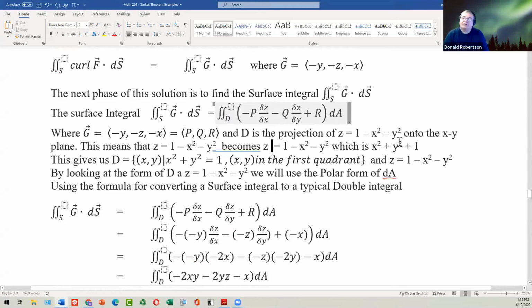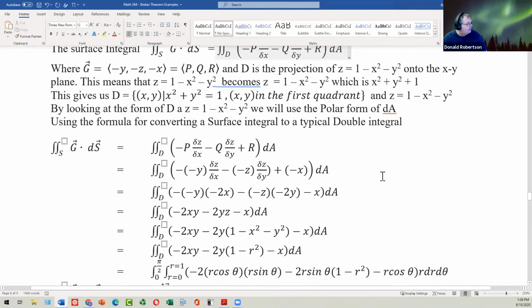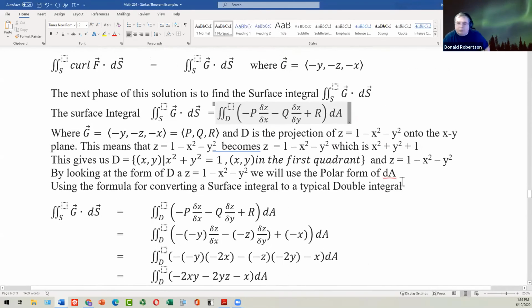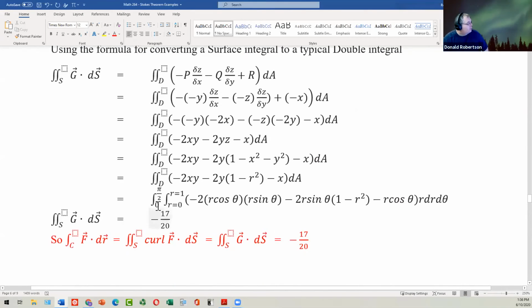Ah, but wait a minute. Is it the whole circle? Or were there some restrictions on it? It was in the first octant. When you drop that on the floor, doesn't that become the first quadrant? So that means I'm only doing a circle from 0 to half pi. If you're wondering, I went polar on you, so that's where 0 to half pi is going to come from.